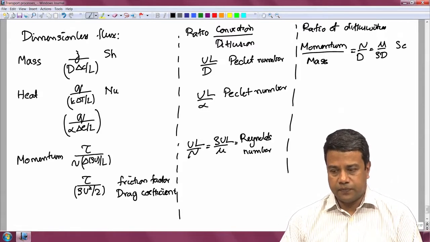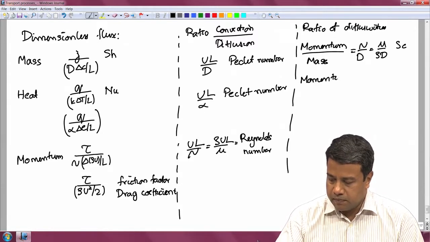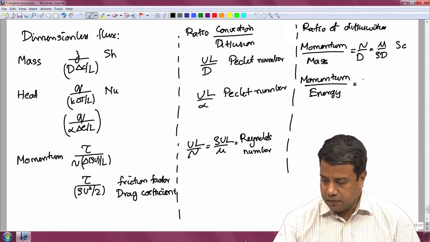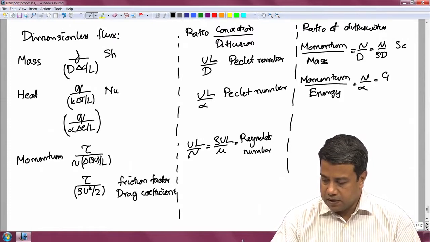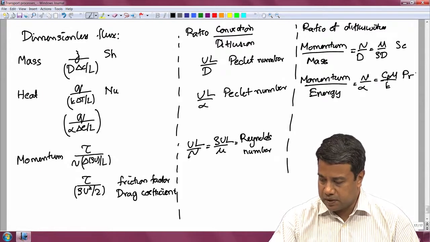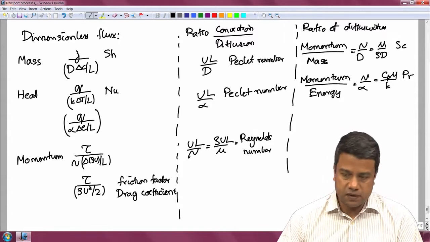And momentum by energy diffusion, which is equal to nu by alpha is equal to Cp mu by k, which is a Prandtl number. And these numbers are all interrelated.